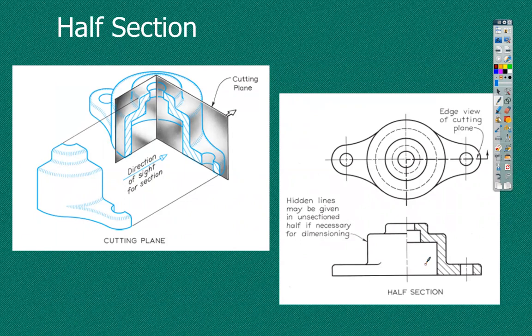So let's say we have stuff we need to dimension on the outside and stuff we need to dimension on the inside. This lets us do both without having to have two different views. Just remember the name of it is half section because half of the view is a section. Everyone gets caught up in like, no, it's a quarter section. No, there's no such thing as a quarter section. It's a half section.